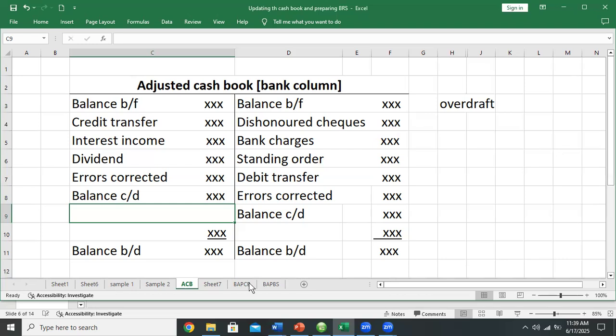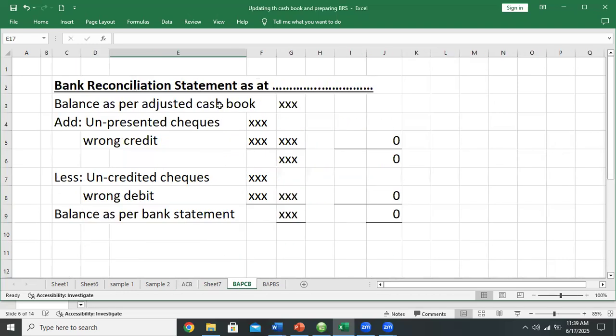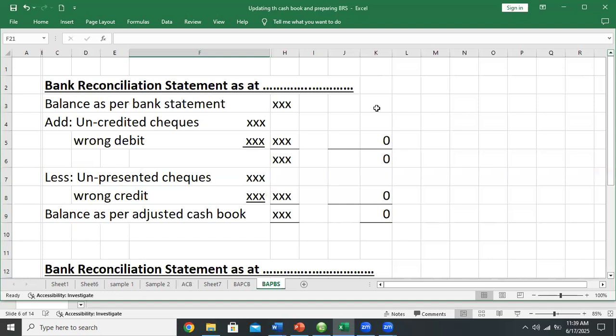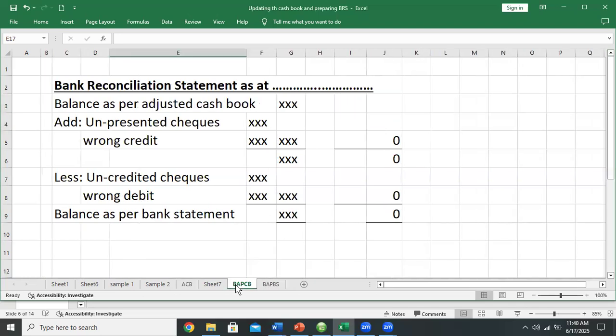So the format is based on either you have a positive figure or you have an overdraft. And last time I mentioned an overdraft could be labeled with this symbol O/D, right? Like this. When you see O/D like this, it's an overdraft. Okay. So let's look at when it is positive and then we'll come to when it is an overdraft.